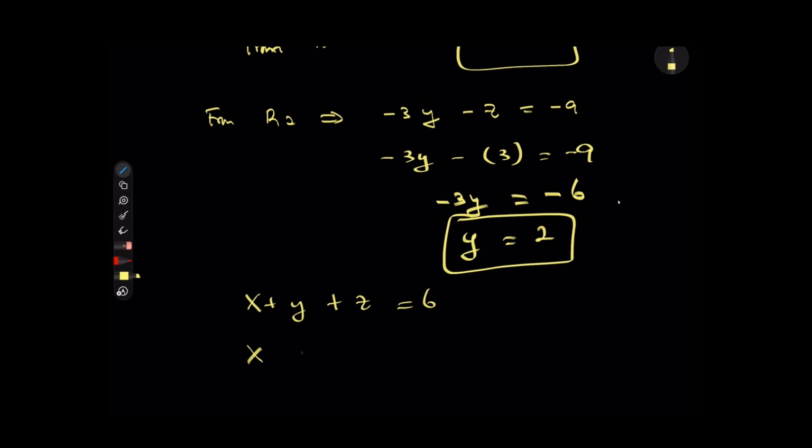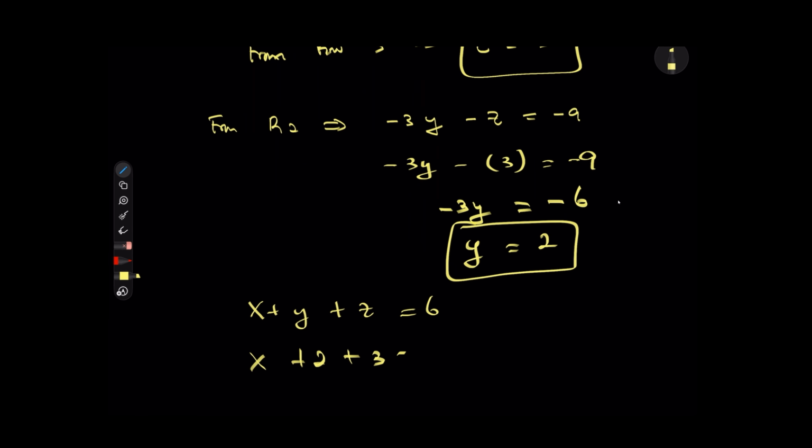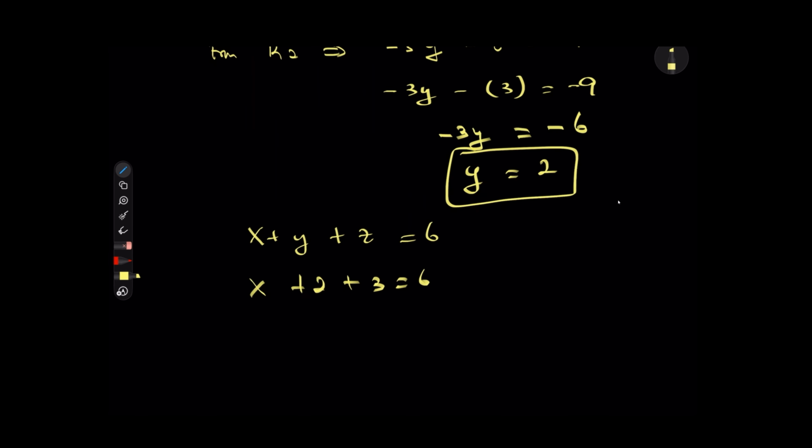So I have x plus 2 plus 3 is equal to 6. So I get 5 plus x is equal to 6. That means x is equal to 1. So we have a unique solution. And this brings us to the end of coursework number 1.